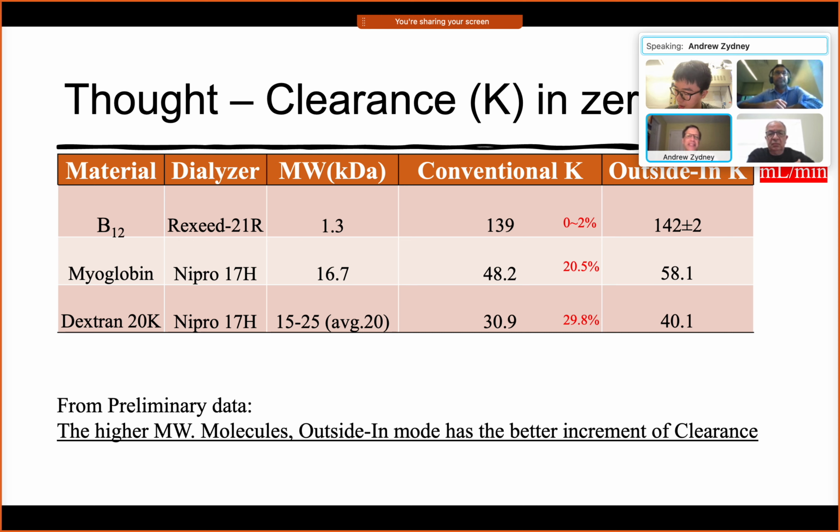But at least for the dextran data, it's very unlikely that there was any fouling in those experiments to be of significance.